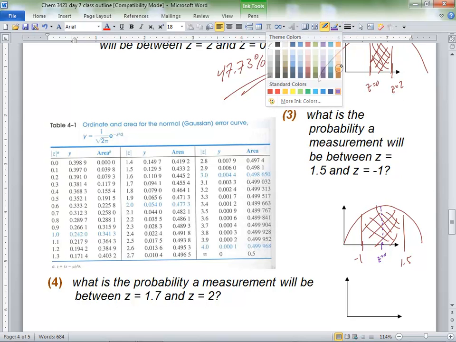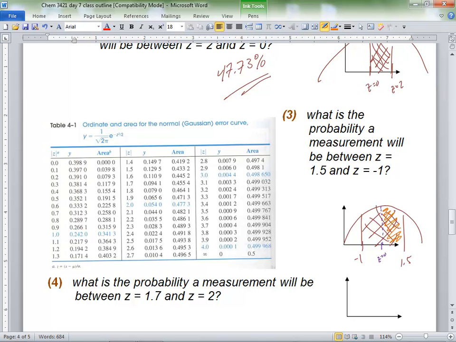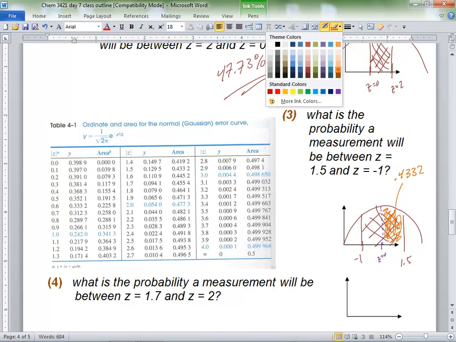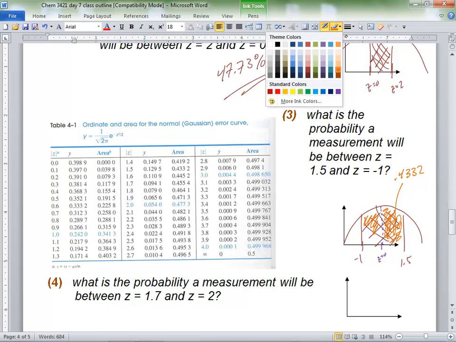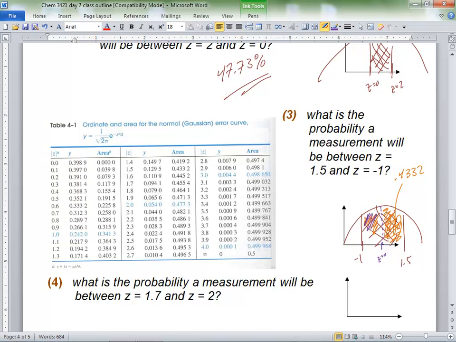This z equals 0 to z equals 1.5, we can call it the orange area. That area is what? Where's 1.5? Yeah, 0.4332. The other area, wrong color, this area corresponds to point what? 3413.